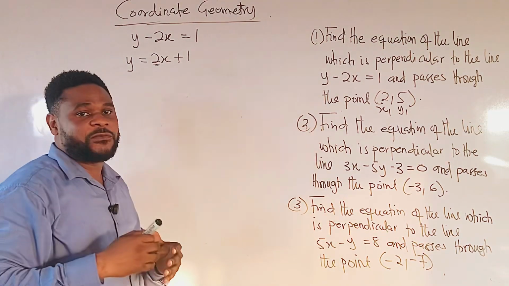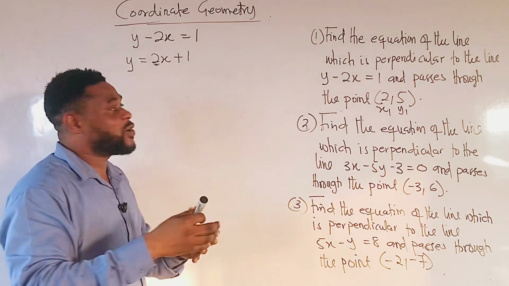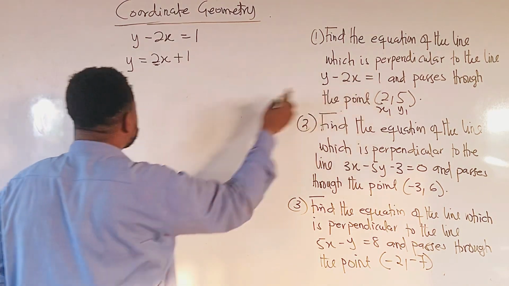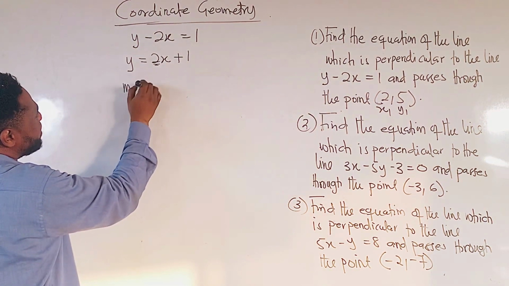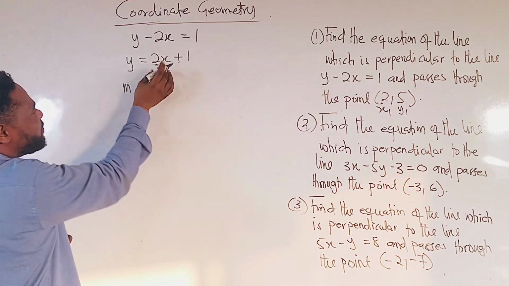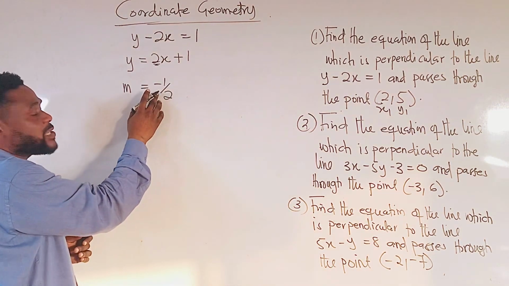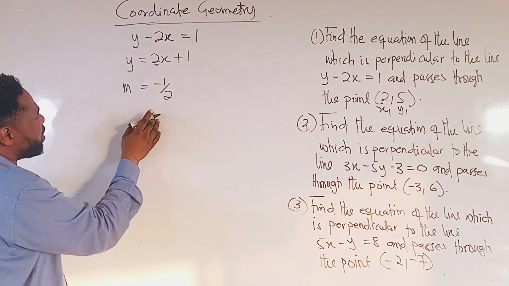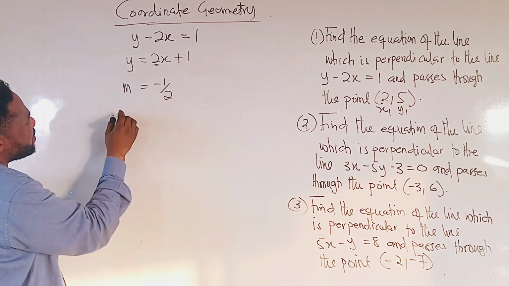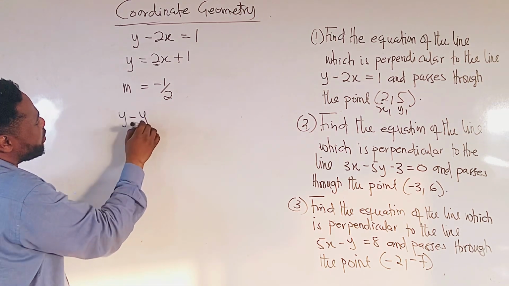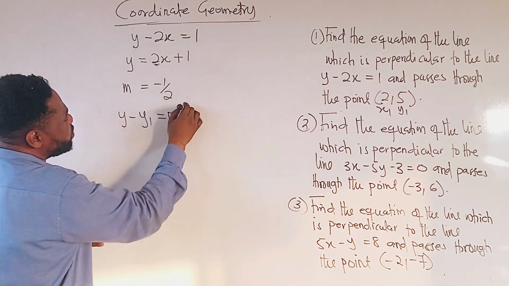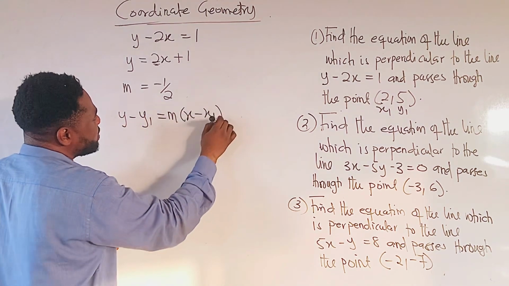But since we are looking for the gradient of the other equation of a line, which is perpendicular to this, our gradient, which is m, is going to be minus 1 divided by the gradient of this line. Don't forget, our minus 1 is constant, alright? Alright, with we getting the gradient, we use our general formula, y minus y1 equal to m multiplying x minus x1.